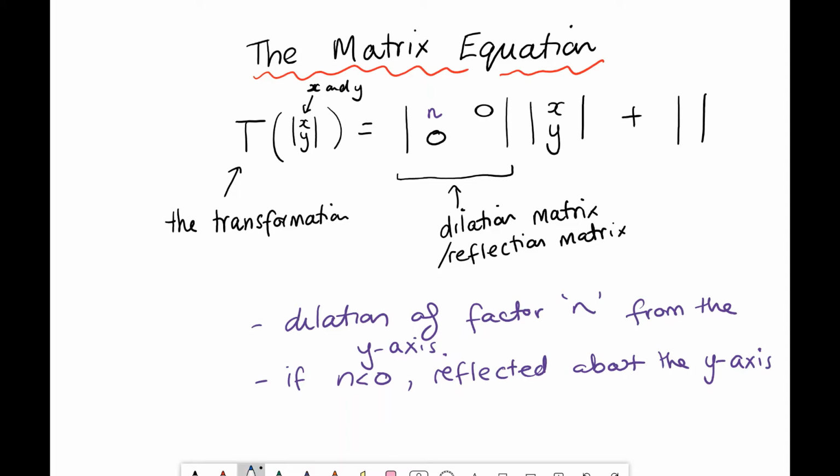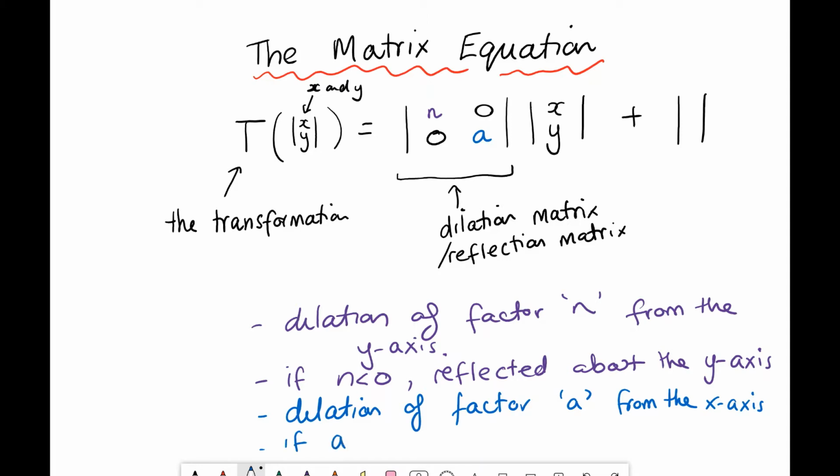So our A goes in the last position of the matrix. Now this would be the thing that's multiplied by y. So this is dilation of factor A, and this one's from the x-axis. Also, if A is less than 0, then we would be reflected.